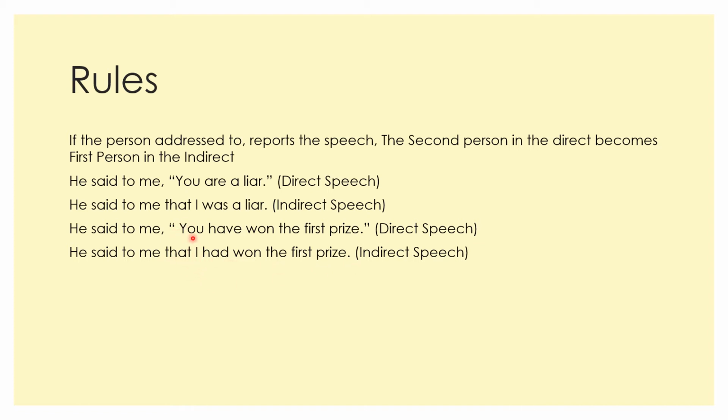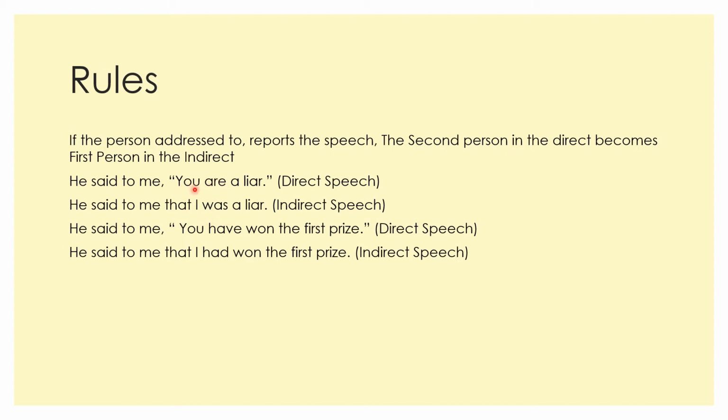We know this second person in the direct speech becomes the first person in the indirect speech. Have won has become had won. The present perfect will become past perfect. Here, simple present will become simple past. So, are will become was.